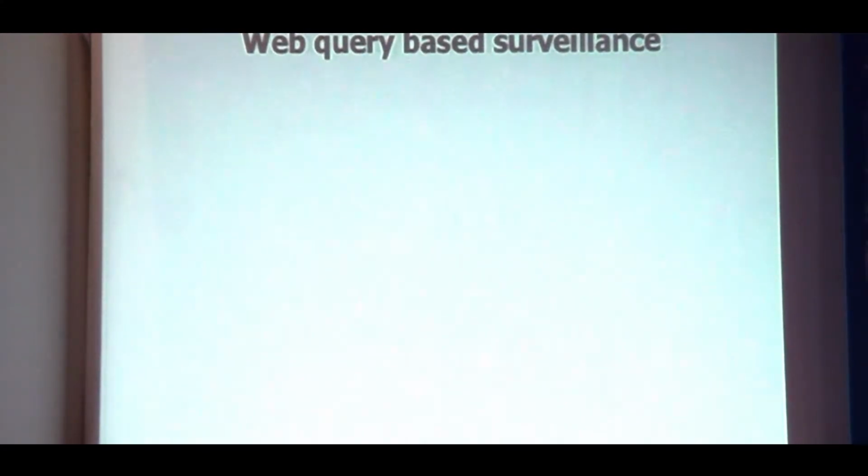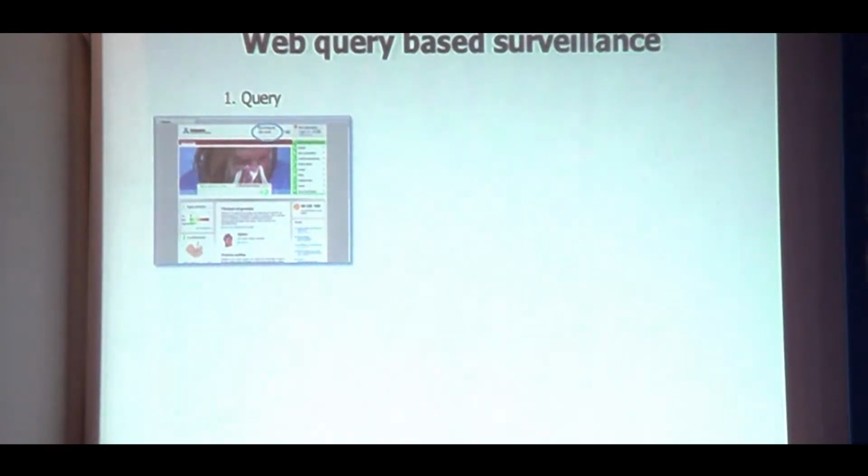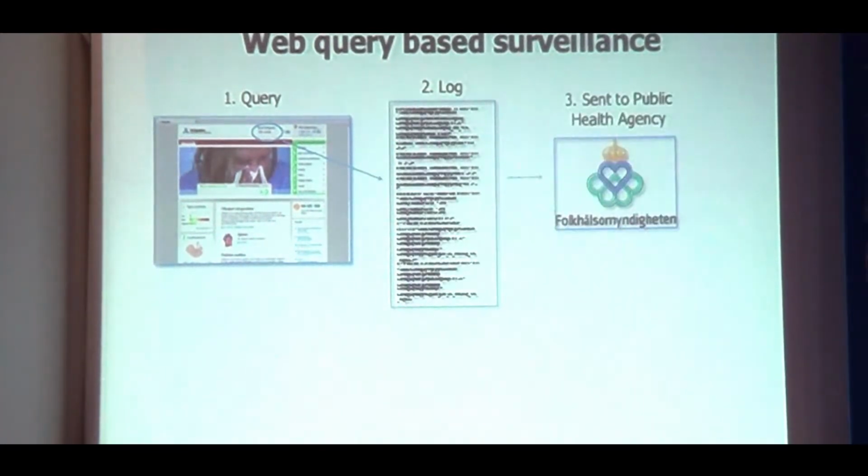So just to give you a rough overview of how the information flows. A user will state 1 or more words reflecting his or her information needs. These are logged, and then once every day they're automatically transferred to the public health agency.